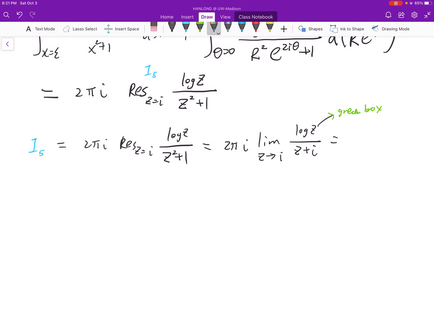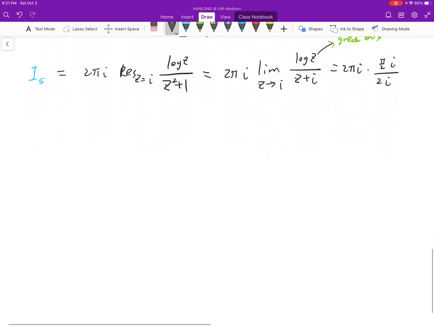And the magnitude is 1, so log 1 is 0. Therefore, when you plug in, it's 2 pi i times (pi over 2) i divided by 2i. So this is pi squared over 2 times i.